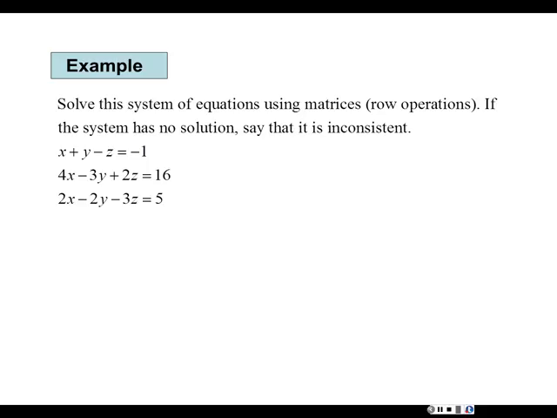Row 3, first entry is 0, second entry is 0. Third entry, you are multiplying this by 4, so this becomes negative 24 by 7. When you multiply this by 4 and then add negative 1, this becomes negative 31 by 7, right? Negative 31 by 7. How about here?